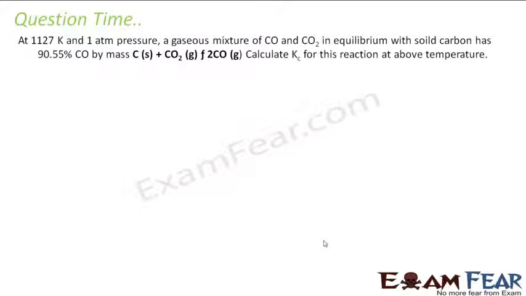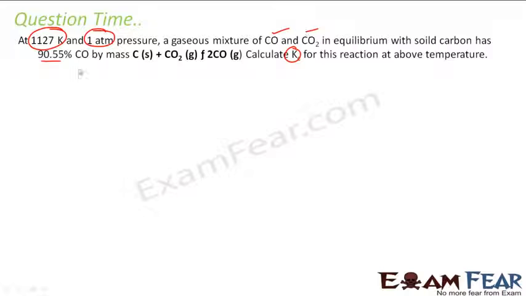The question says at 1127 Kelvin and 1 atm pressure, a gaseous mixture of CO and CO2 is in equilibrium, where CO has 90.55% by mass. You need to find the Kc.